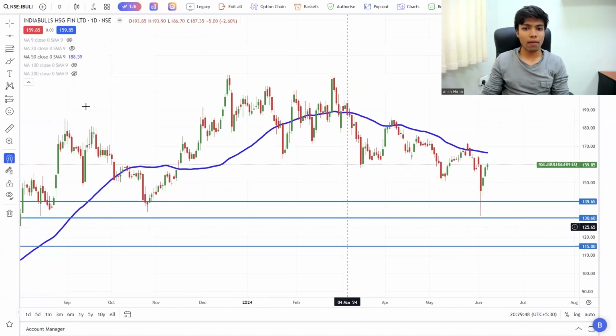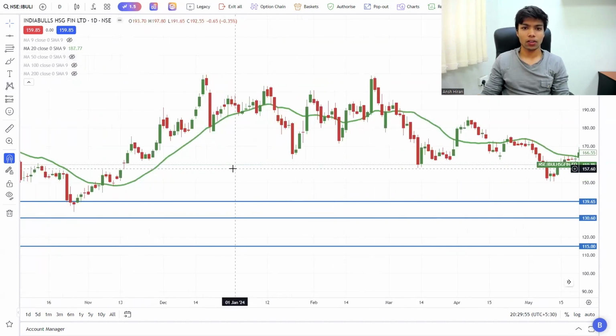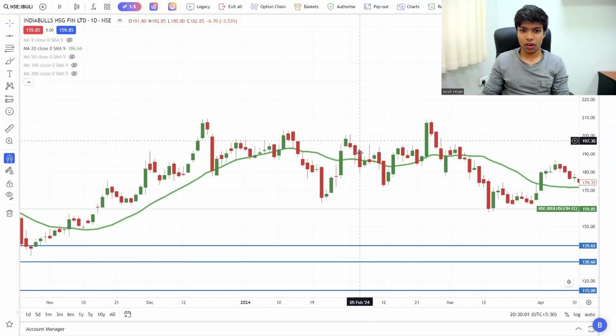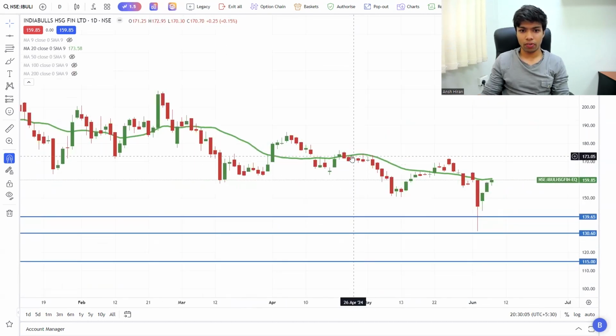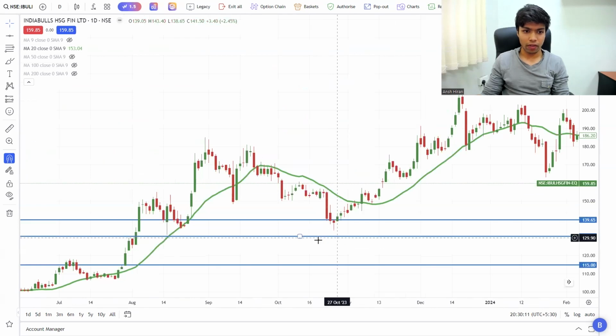Let's take another moving average, which is the 20 moving average, for example. Look at this, multiple times. 20 moving average up, up, up. 20 moving average down, so resistance and down. Resistance, 20 moving average down.